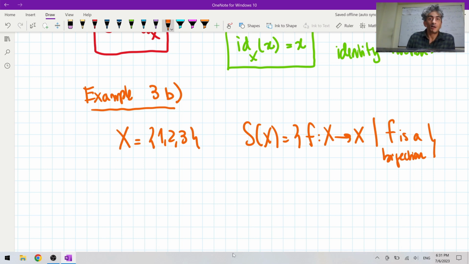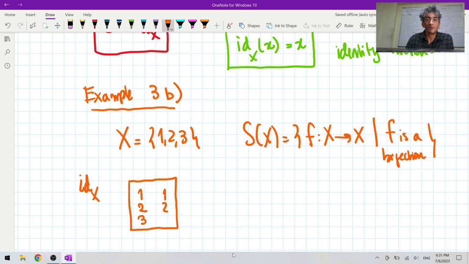First of all, the identity element is the function that takes 1 to 1, 2 to 2, and 3 to the number 3. So this table portrays the identity element.